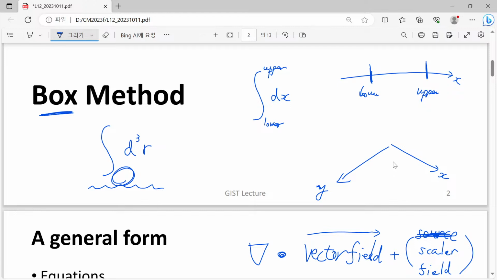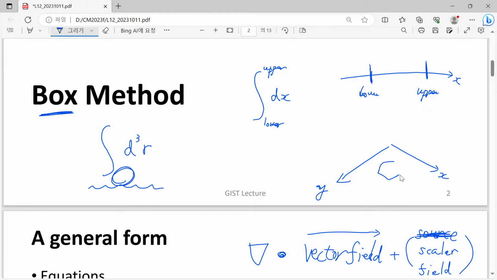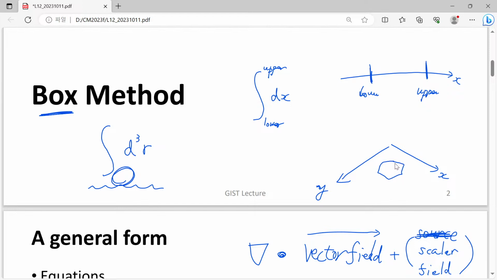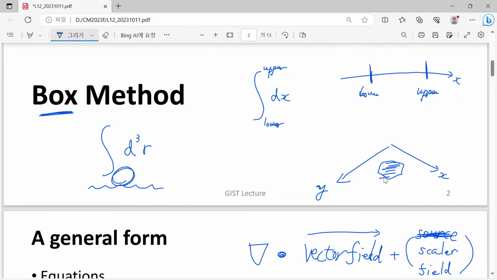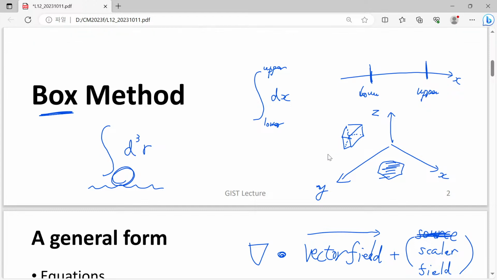Then we can think about a certain range for our integration. And in the three-dimensional case, we can also think about any strange-looking shape in this three-dimensional space, and that can be used as the domain of our integral.